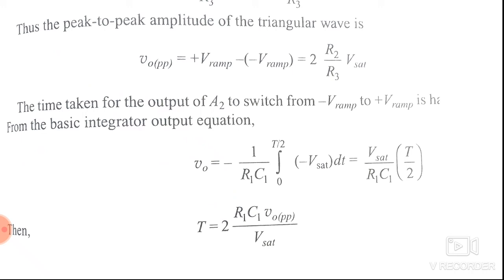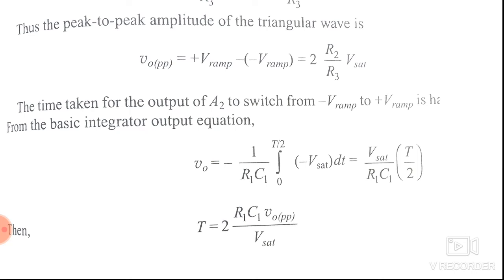When it is switching from minus V ramp to plus V ramp, V input will be minus Vsat, so you can easily calculate V output is equal to Vsat divided by R1C1 into T by 2, where T is the total time period.